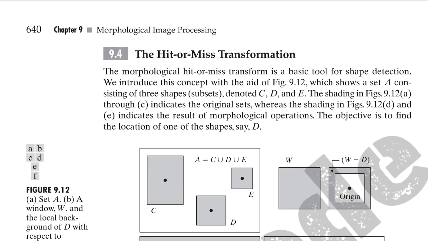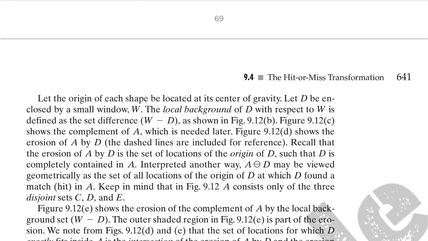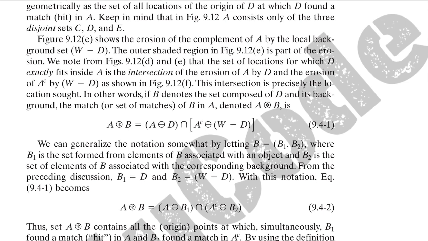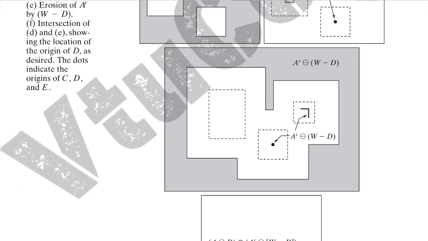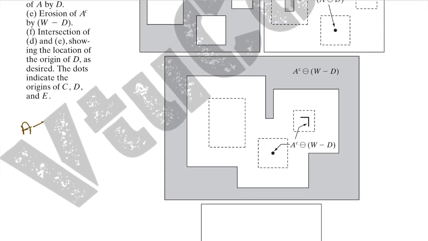Next, how do you apply it? First, you have to set the foreground and the background. Let us assume A is a binary image where the shapes are detected.